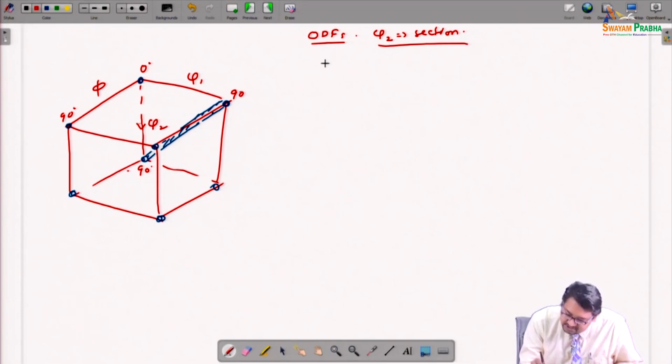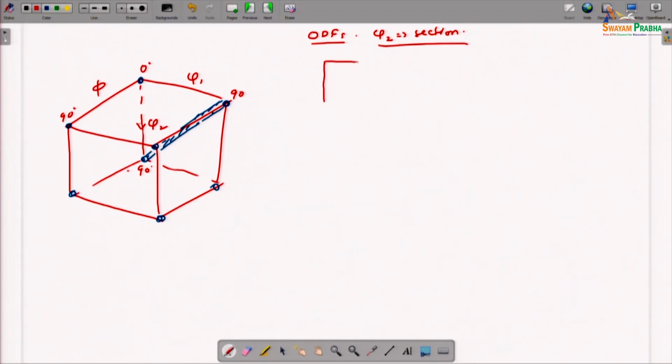So, you see that if we divide this Euler space into phi 2 sections, let us say that we take this particular plane and we draw it here, and we show that okay, this is phi 2 equal to 0, right, and then you see this is phi 1 and this is phi, and so this is 0 for phi 1 and 90 degrees, and this is 0 for phi and 90 degrees here, and like that we can slice this Euler space at 5 degrees or 10 degree graduation, right.